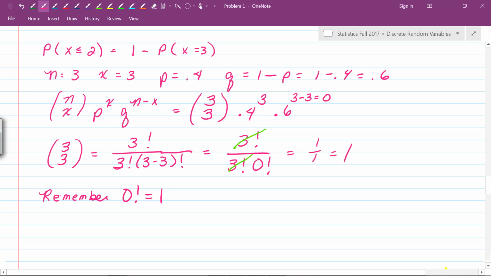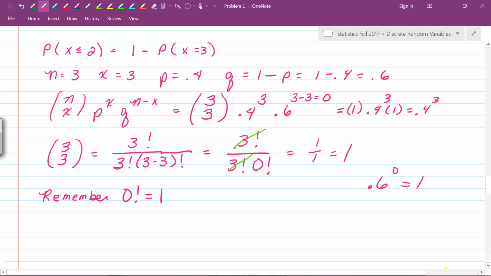Let's also recognize the fact that anything raised to the 0 power is 1. So if we have this 0.6 raised to the 0 power, that is really just 1. So what do we have left of our formula? We really have 1 times 0.4 cubed times 1. So really all we're solving for is what's 0.4 raised to the 3rd power.